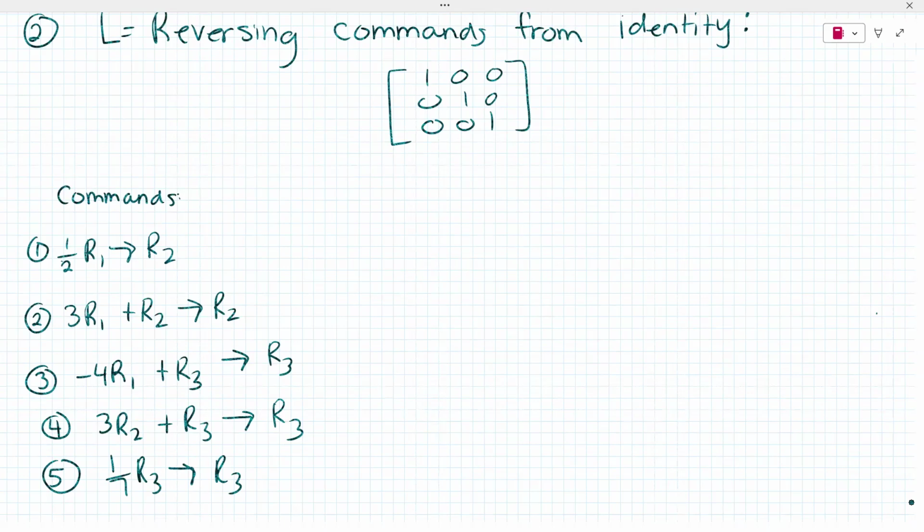Okay. What you're going to do is starting with the last command, 5, 1/7 row 3 of row 3. Since you just take the reciprocal of 1/7, that is going to be 7. What's the reciprocal of 1/7? 7. Row 3 gives us row 3, right? And then look at the fourth command.